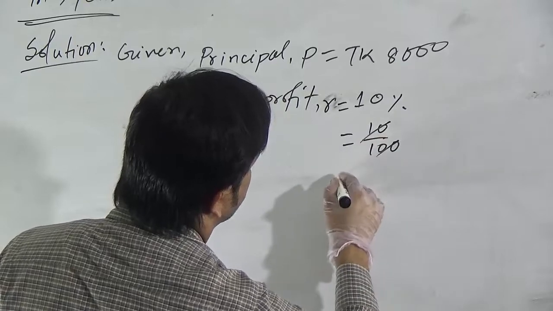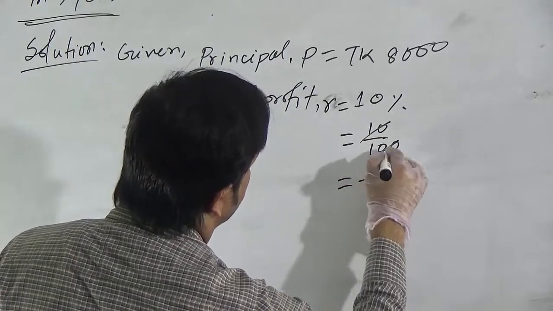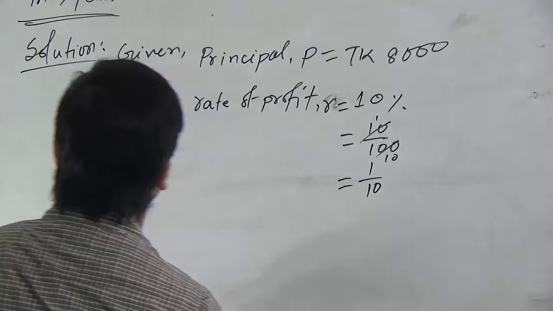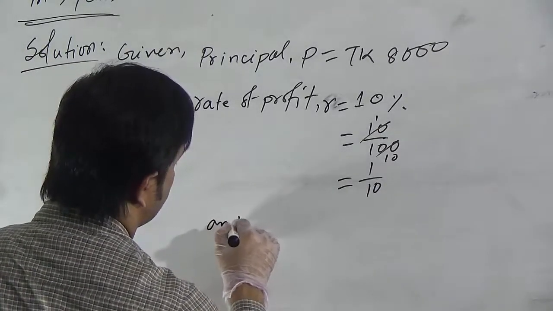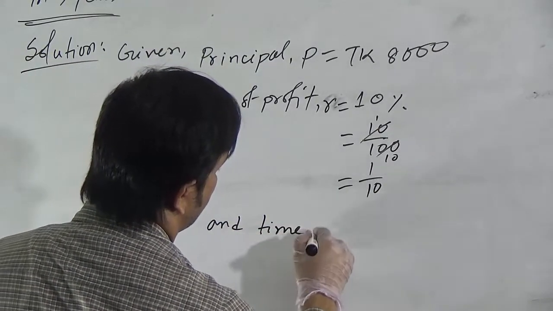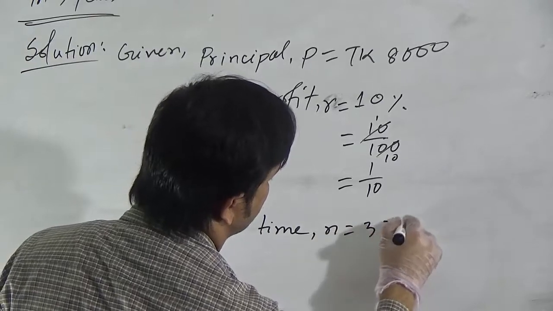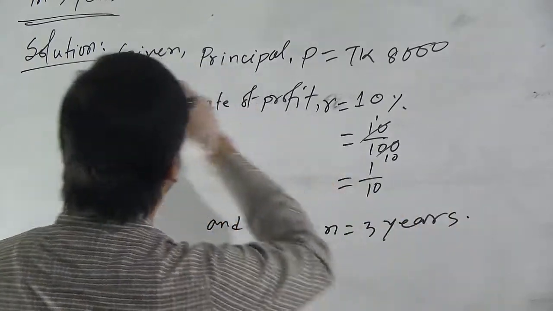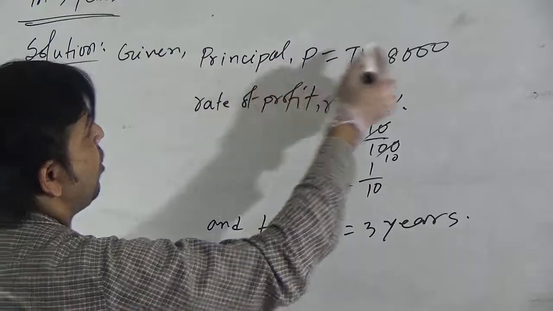If we divide this by 10, it will be 1 by 10. And time n equal to 3 years. We need to find the compound principal.